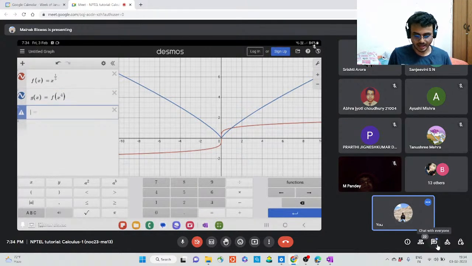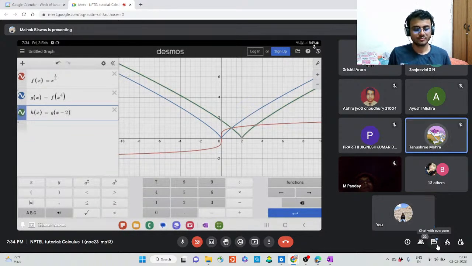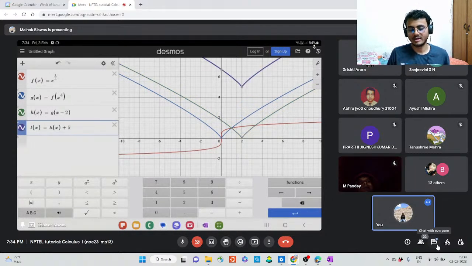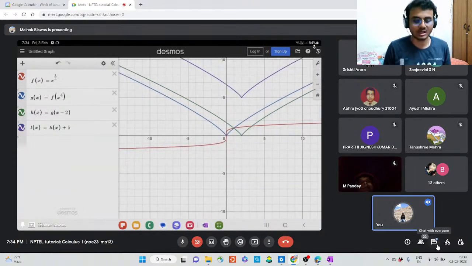Say h of x is g of x minus 2. Matching, right? Yes, sir. Next I shift, L of x to be h of x plus 5. So matched. This is how you transform. These are the steps you need to follow every time.